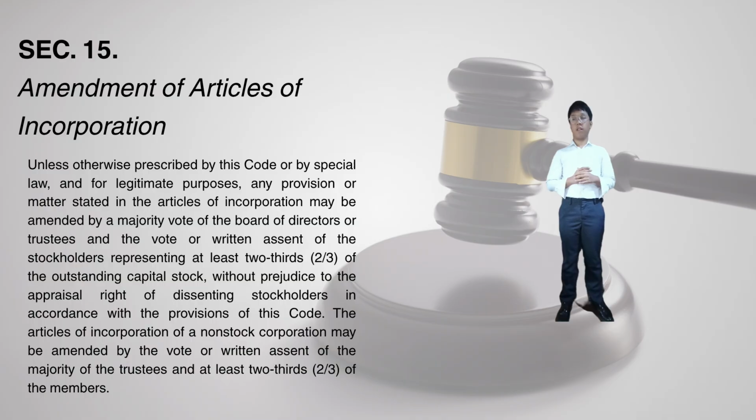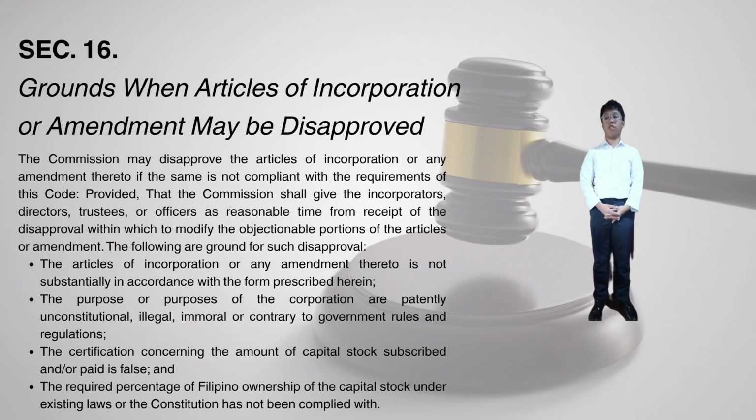So, the amendments will take effect upon the approval by the Commission or from the date of filing with the said Commission, if not acted upon within 6 months from the date of filing for a cause not attributable to the corporation.